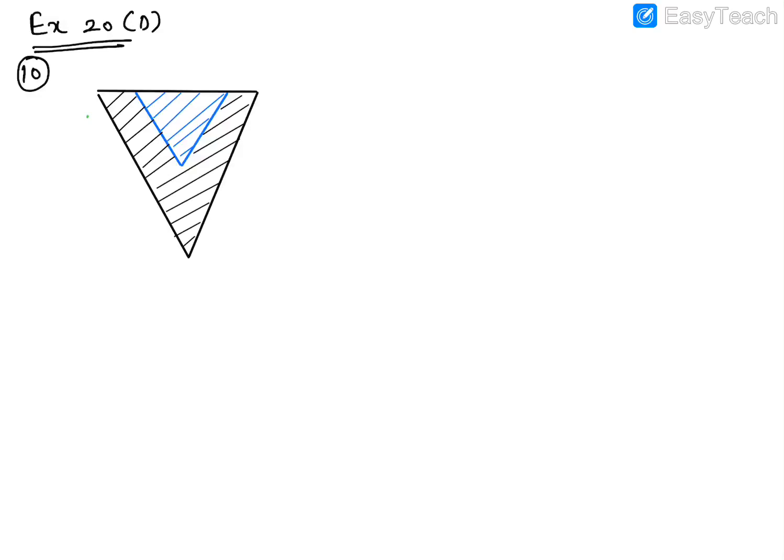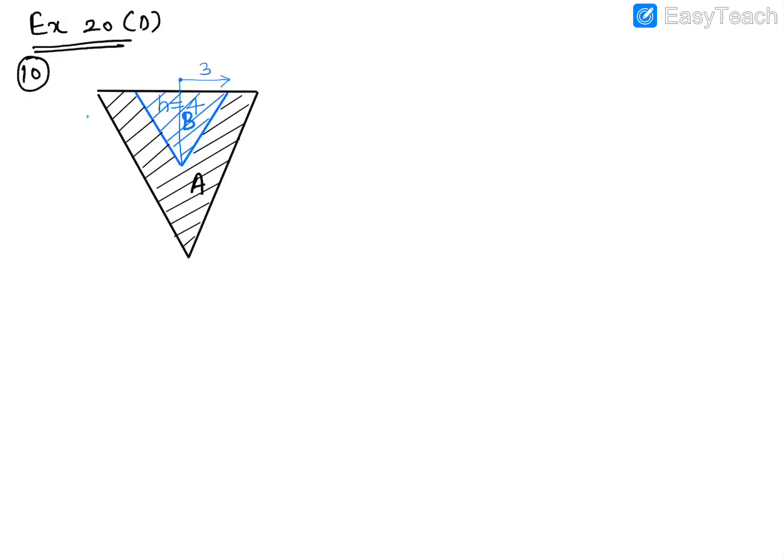Okay, now let's start. So this is our metal A here, and this is our metal B. Now what are all the distances given to us? First, the radius of the inner, smaller one: the conical hole has a diameter of 6, so the radius is 3, and the height of this is 4.